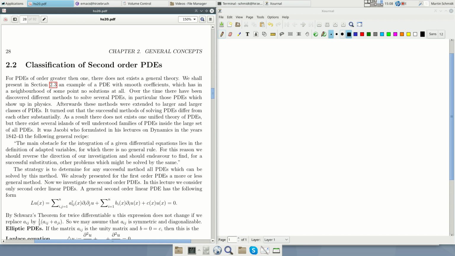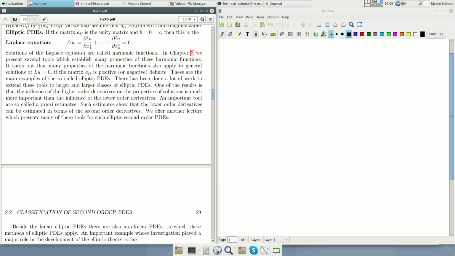So all eigenvalues should be either positive or negative, so all eigenvalues should have the same sign. We already understood that we can symmetrize. After symmetrizing, this matrix is diagonalizable, and you should know from linear algebra that it defines a positive definite quadratic bilinear form if and only if all eigenvalues are positive, and vice versa for negative.